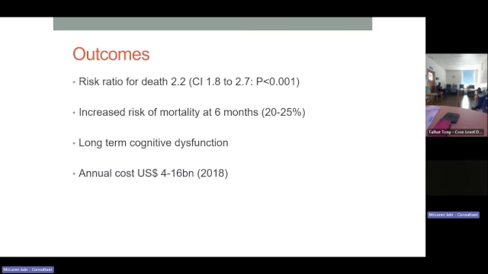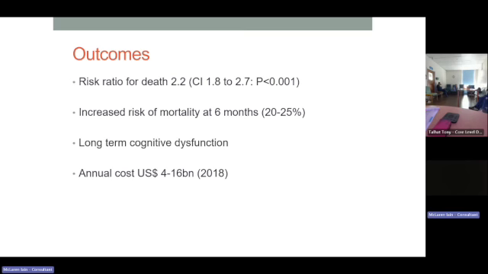There's a very significant increase in mortality by the end of 6 months, so the post-ICU survival is affected. And there's a very significant impact on long-term cognitive dysfunction. And that is a major contribution to the post-intensive care syndrome. And Cass Sampson gave an excellent presentation in this series some time ago on that, and that's worth looking up if you didn't see it.